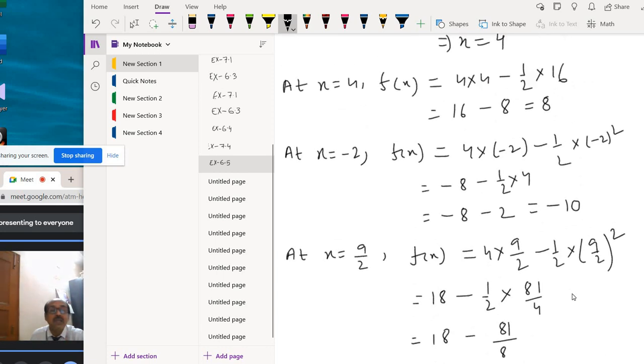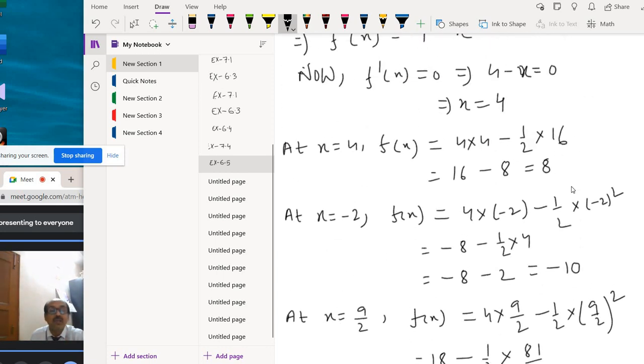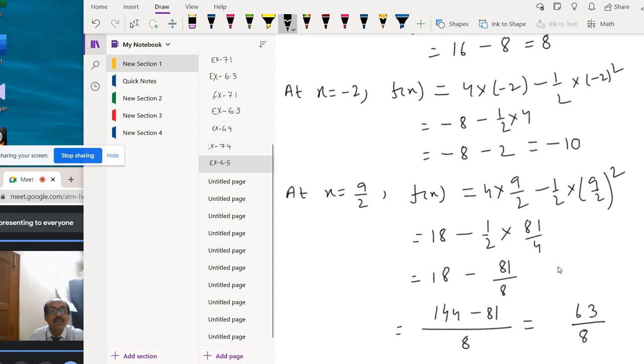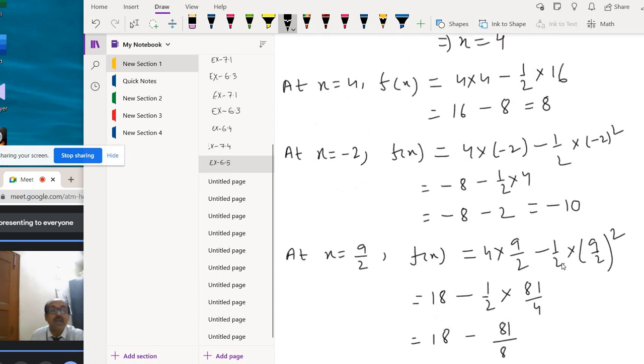And another one is minus 10 and 8. So which one is greater? 8 and 63 by 8? 8.